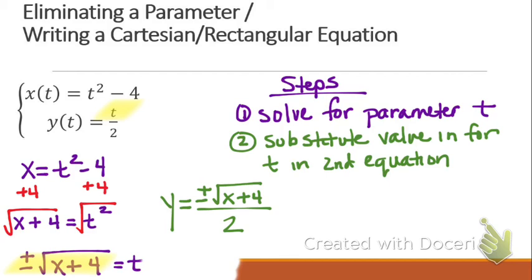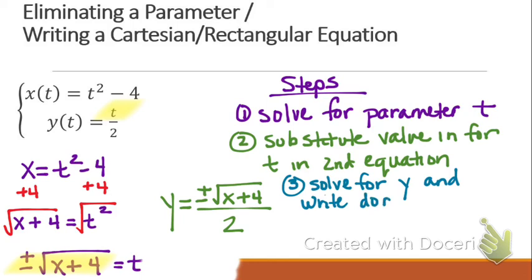And the last step is going to be to solve for y and write the domain. In this parameter, y is already solved for because it already says y equals. So all we need to do is write the domain. Remember, you cannot take the square root of a negative.